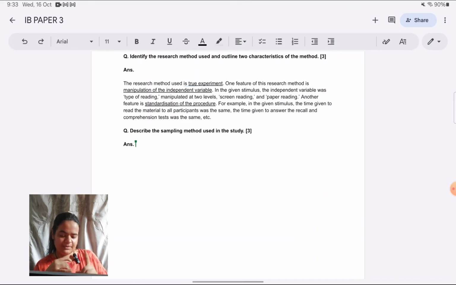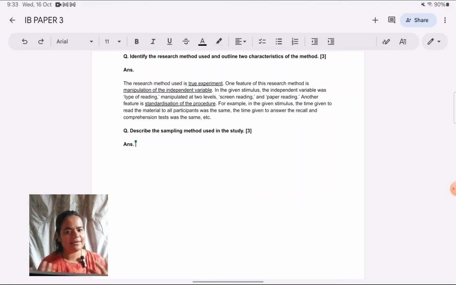So for 1 mark, we can just state the sampling method without needing to give any justification. Just state the correct sampling method used. And here, making a mistake should be actually difficult because they're very direct in telling us what is the sampling method used. They've directly said it's volunteer sampling. So I hope you won't make a mistake in identification. And then to describe it, we can just name 2 features and contextualize them.